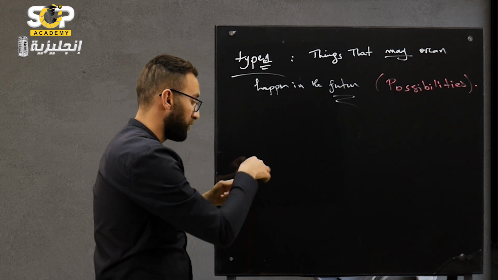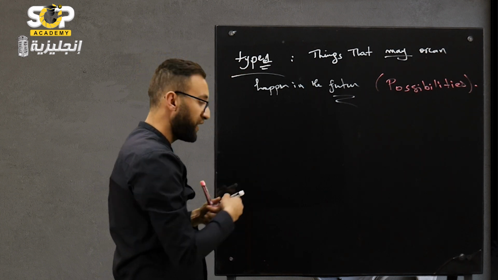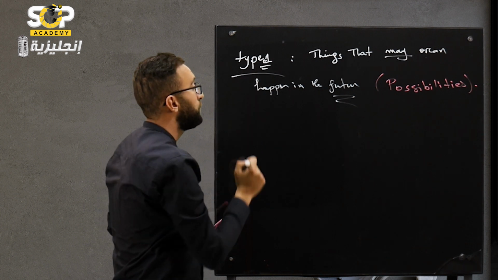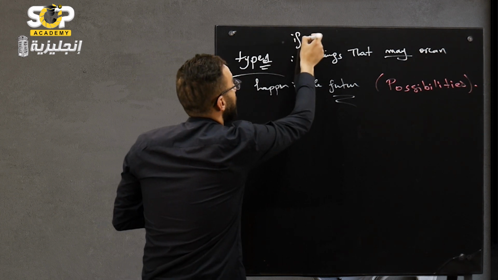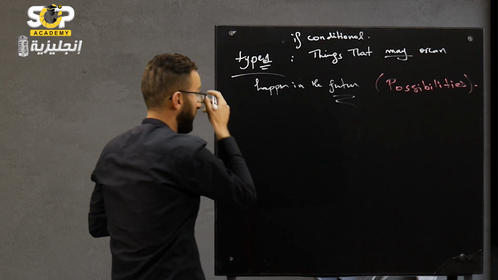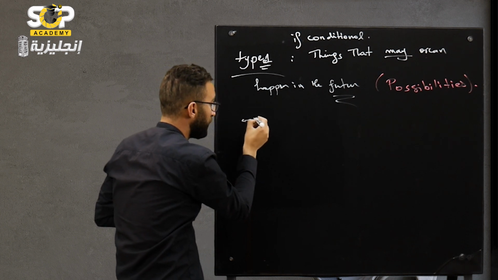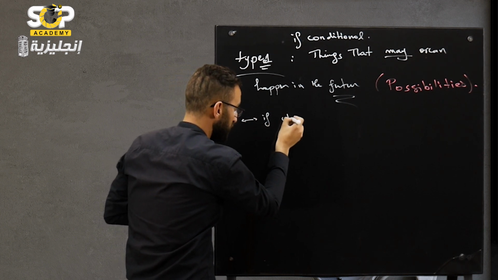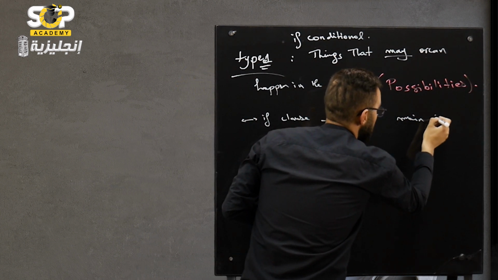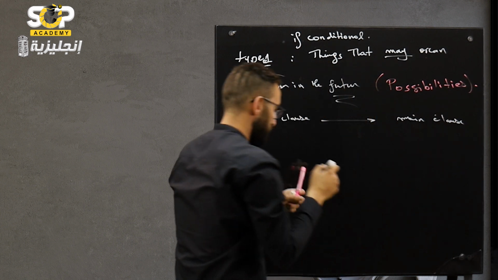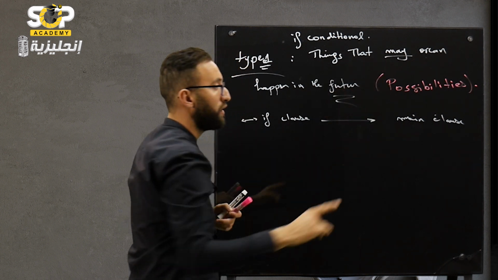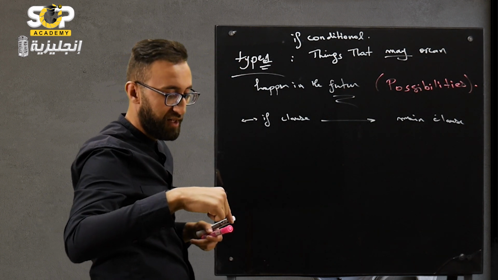Those are called possibilities. We're going to focus now on the tenses that we're going to use in the if conditional type 1. Always we have the if clause and the main clause. What changes is the tense of both. The if clause is in the present, but the result will happen in the future.